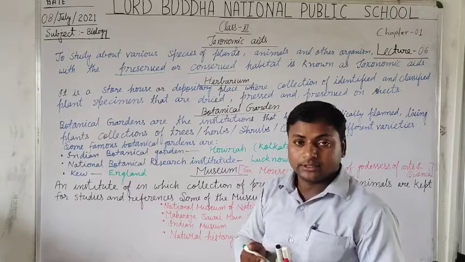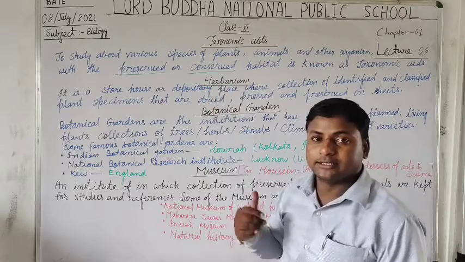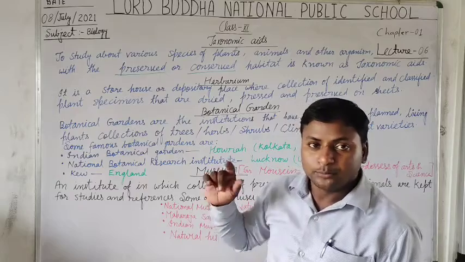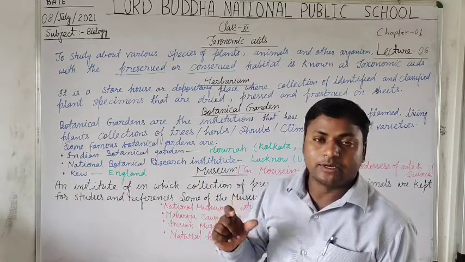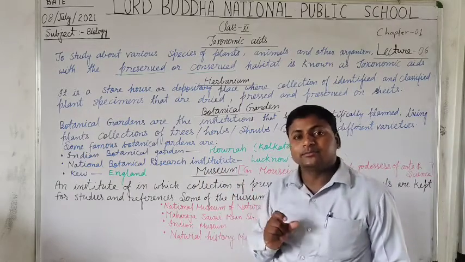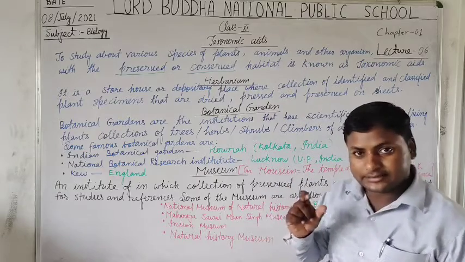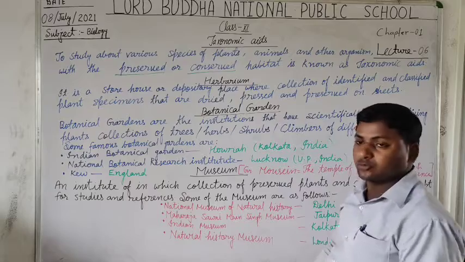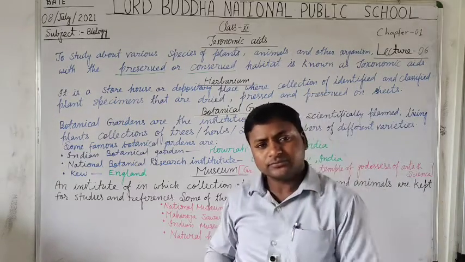The plants, animals, and other organisms that are preserved or conserved under certain circumstances are known as taxonomic aids.